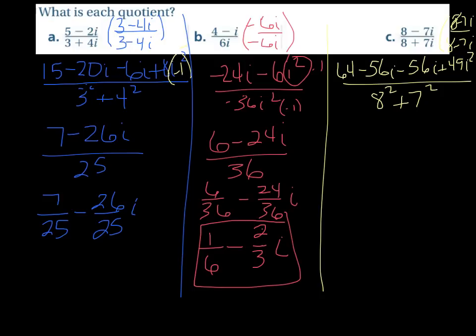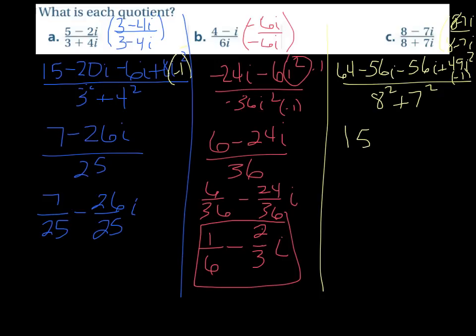So when I start to simplify here, this i squared is going to turn this to a negative 1, so that's negative 49, and 64 would give me 15.